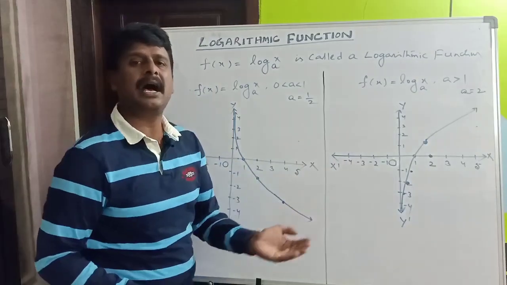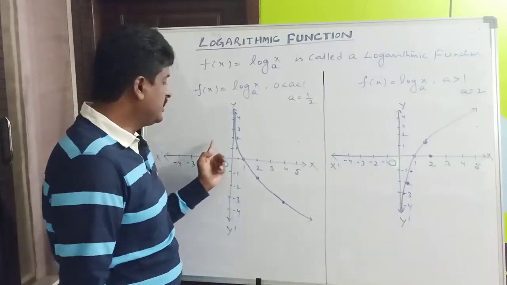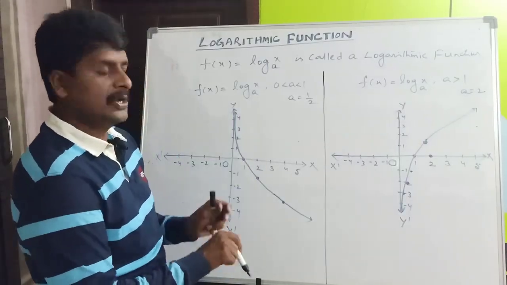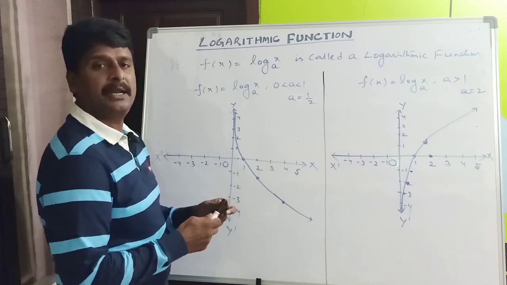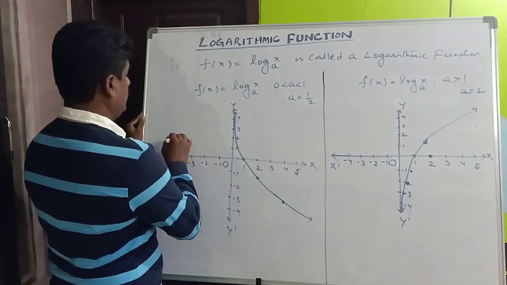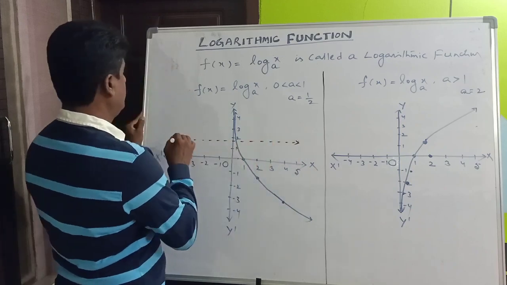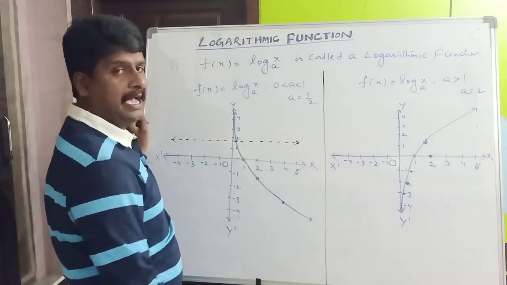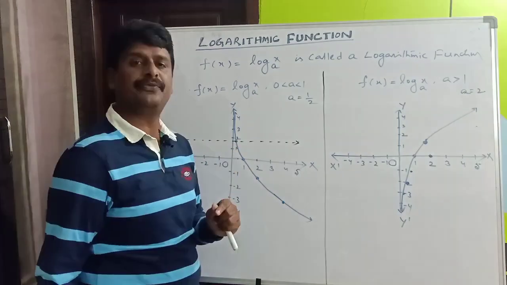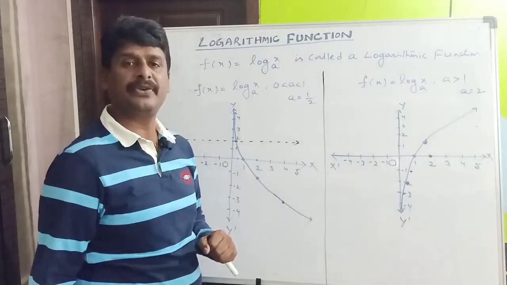As we discussed earlier, can you check whether it is one-one or not? One-one nature can be decided by drawing a line parallel to the x-axis. As it is intersecting the graph at only one point, it is always a one-one function.